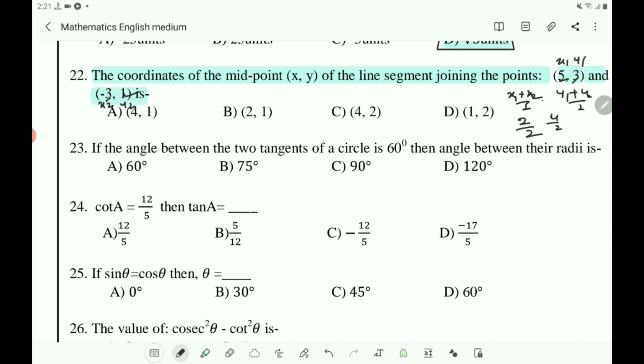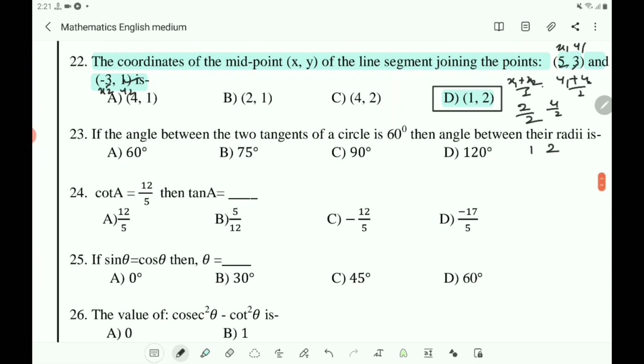So you will get 2 by 2 is 1, and 4 by 2 is 2. 1, 2. What is the answer? Answer is 1, 2. Option D. Note down the answer. Option D. You must know the midpoint formula. Then you take the next question.